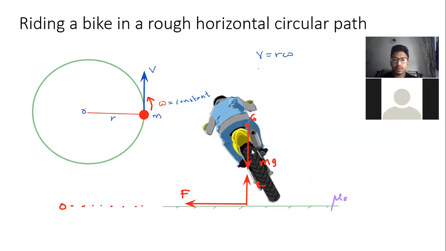So here let's mark the forces again. Or else I can start here.